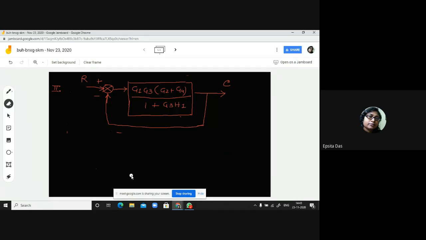This is a very simple block diagram. I have started with a simple one. I will show you different methods, and I will go to the more complicated ones. So what we have to do, this is the transfer function. So the final transfer function will be G1, G3, G2 plus G4 by 1 plus each one.